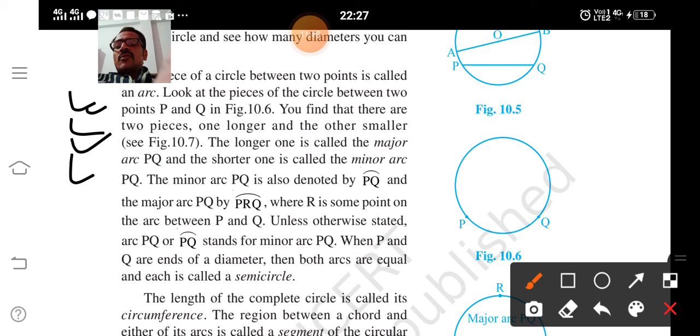The minor arc PQ is denoted by arc PQ and the major arc PQ is denoted by PRQ, where R is some point on the arc between P and Q. Unless otherwise stated, arc PQ stands for minor arc PQ. When P and Q are ends of a diameter, then both arcs are equal and each is called a semicircle arc.